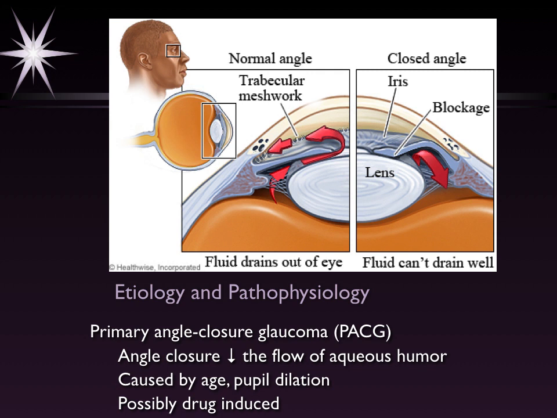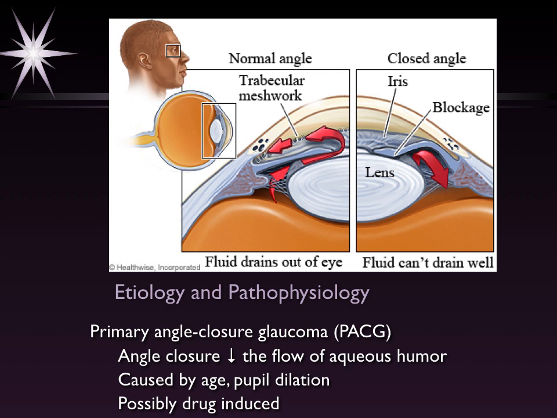This can occur because of drug-induced mydriasis, emotional excitement, or darkness. The drug-induced mydriasis may occur not only from topical ophthalmic preparations, but also from many systemic medications, both prescription and over-the-counter drugs.